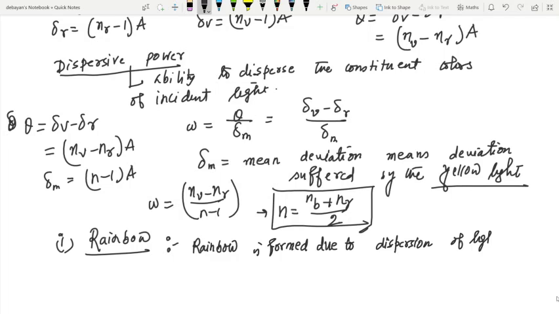Thus you can see the rainbow is a combined effect of refraction, reflection and dispersion of light.